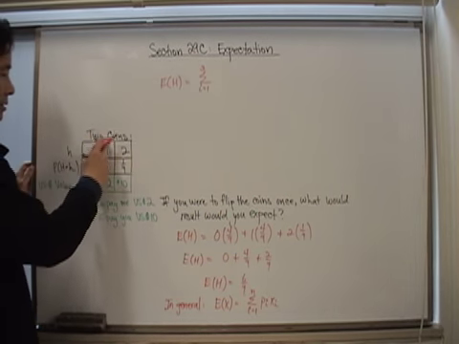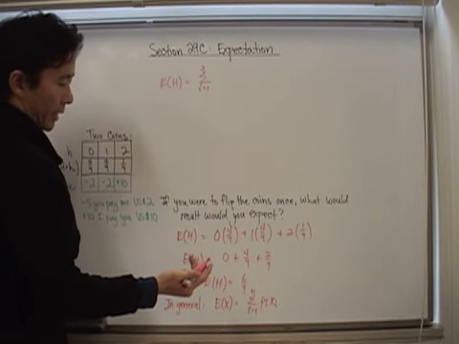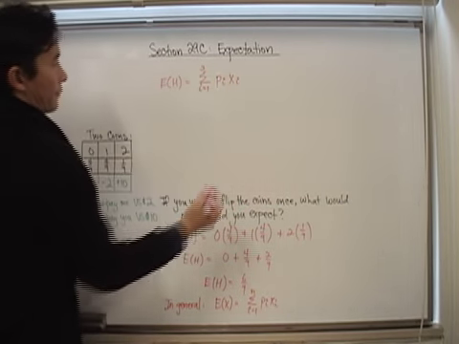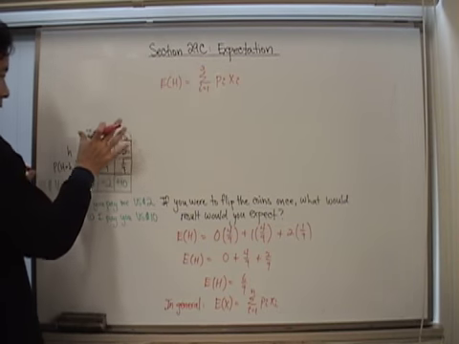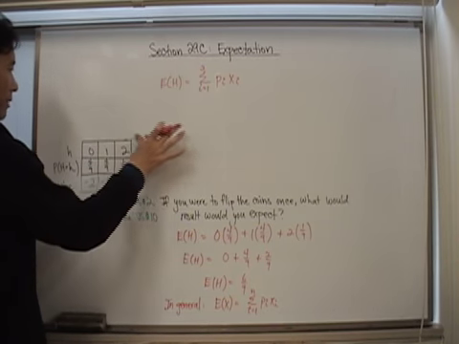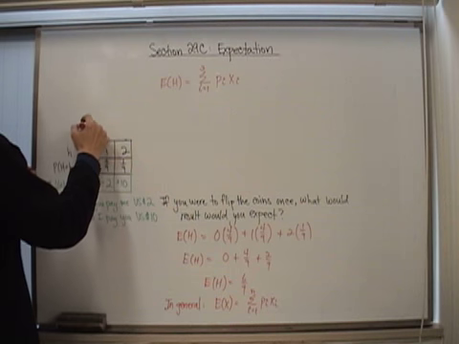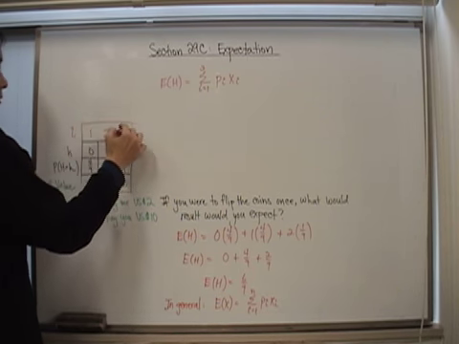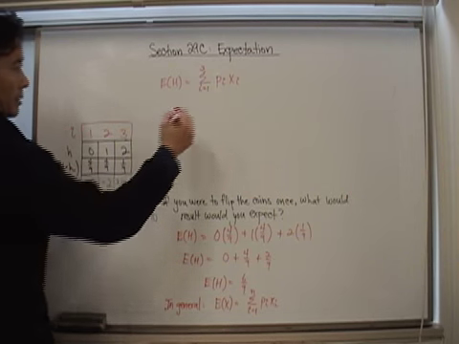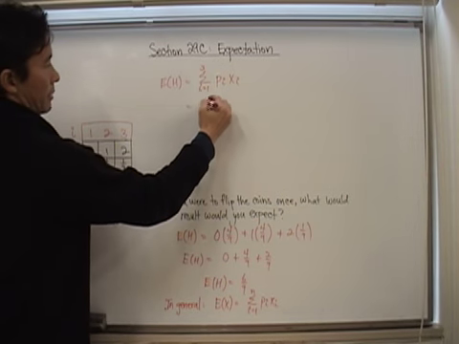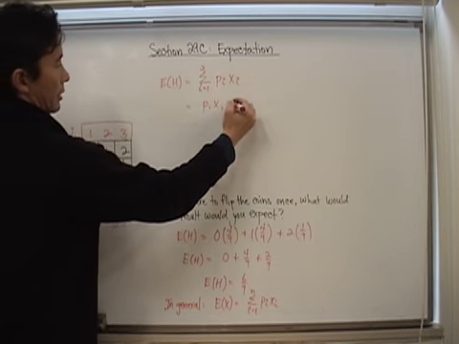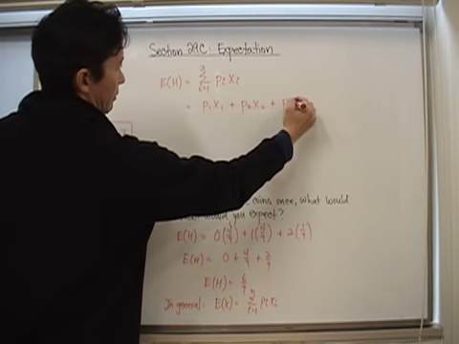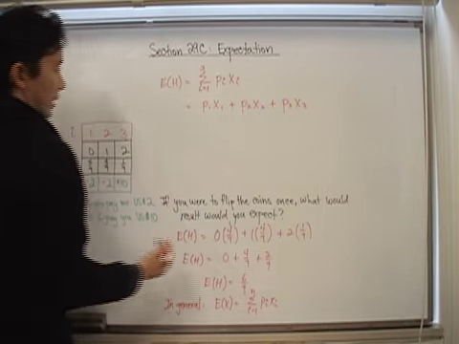Because this is the first, second, and third possible value that I can have of p sub i, x sub i. So I can then say that this is going to be p sub 1, x sub 1, plus p sub 2, x sub 2, plus p sub 3, x sub 3.